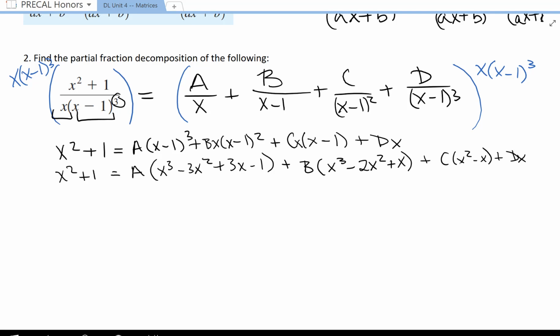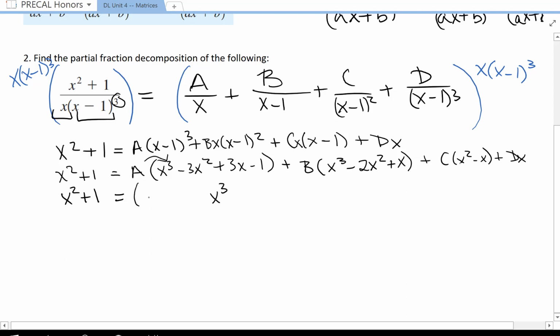Now I'm going to show you how we're going to make our equations, how we're going to build our coefficients. So the coefficient for x cubed. Any letter that has an x cubed that is being multiplied by. So a is being multiplied by this x cubed, so you need to have a. And then b is being multiplied by an x cubed, so you need to have b. A plus b times x cubed.